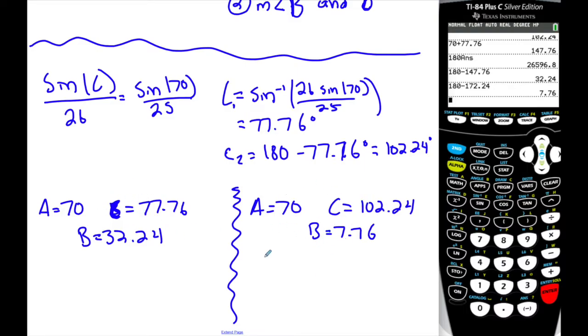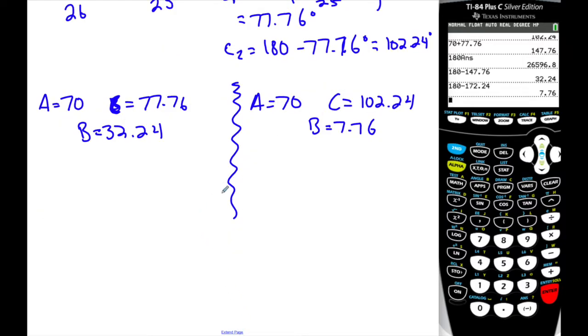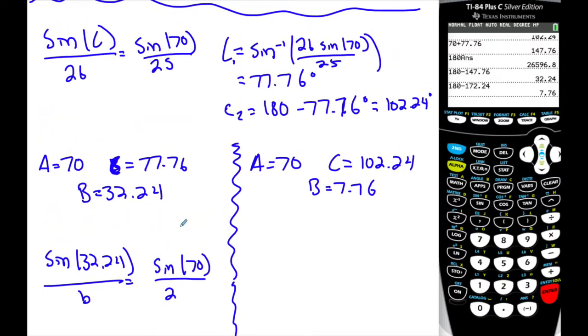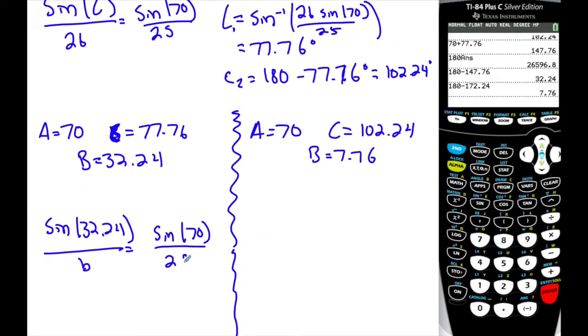The last step I need to do here is make sure that I get this all set up. So I'm going to do sine of 32.24 over b equals sine of 70 over 20. What do we do for that? 25. And here I'm going to use sine of 7.76 over b is sine of 70 over 25.